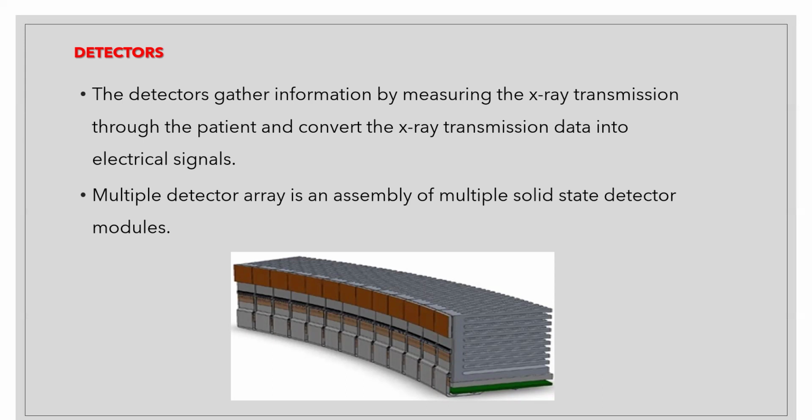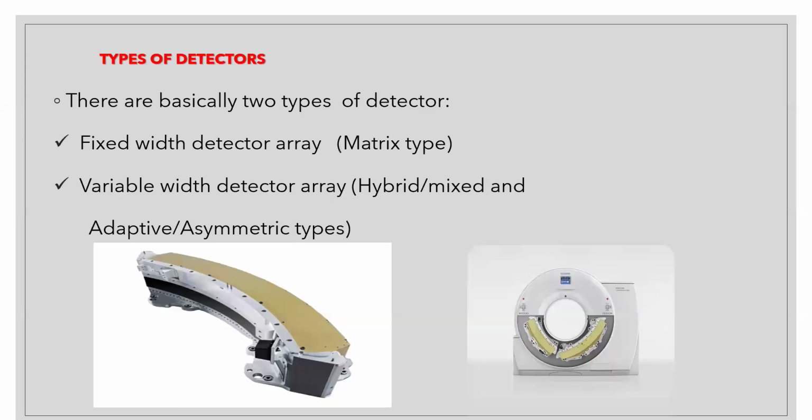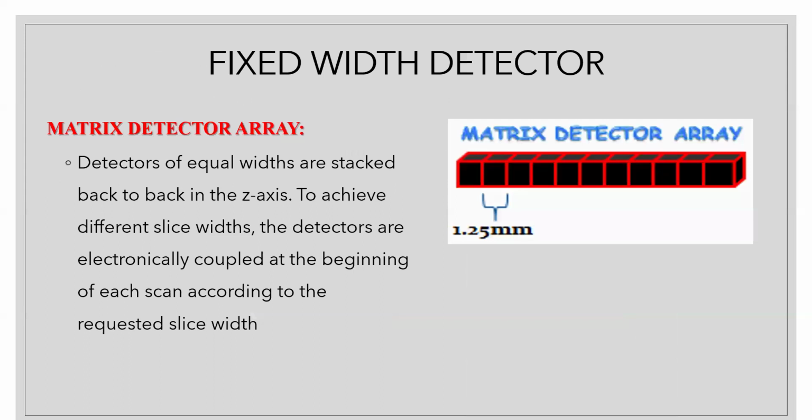A multiple detector array is the assembly of multiple solid state detector modules. There are two types of detector mainly used in CT. One is the fixed type detector array and the other is the variable detector array, which is subdivided into hybrid or adaptive. Fixed has detectors of equal width. For example, if it is 1.25 mm detector size, equal width detectors are stacked back-to-back along the Z-axis.